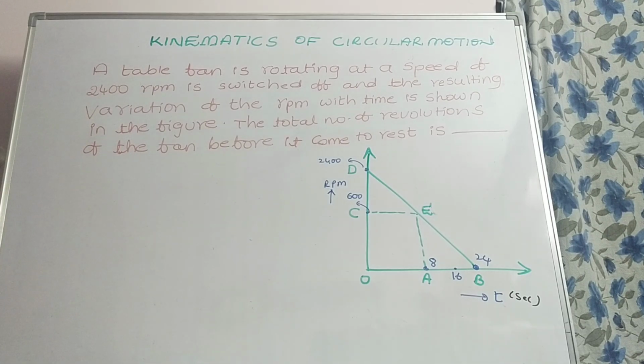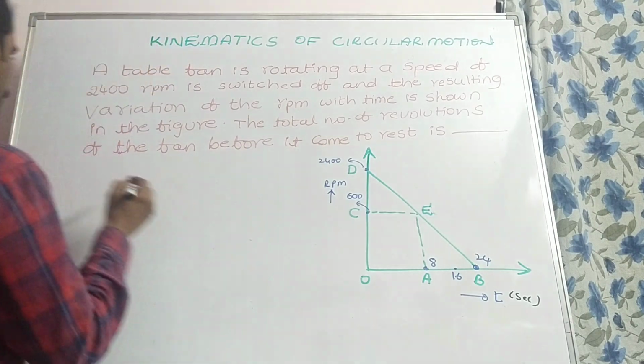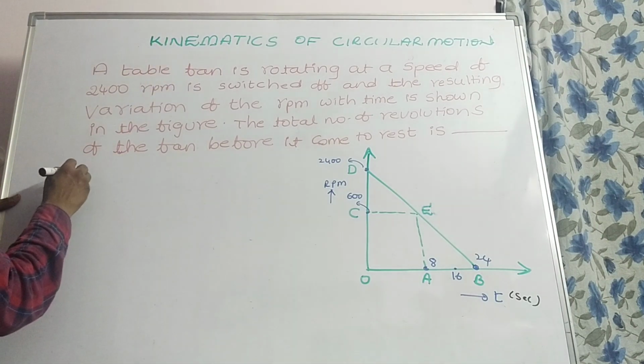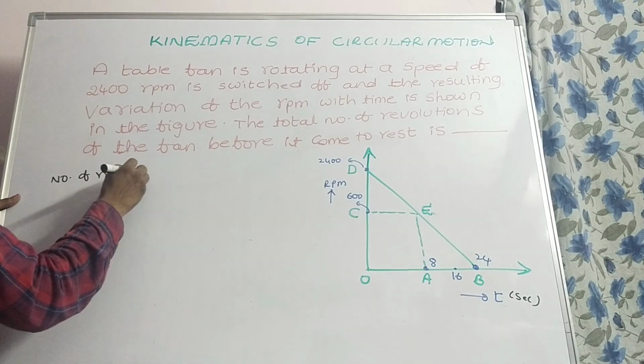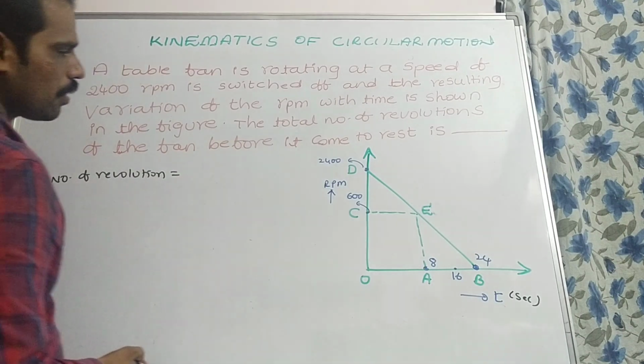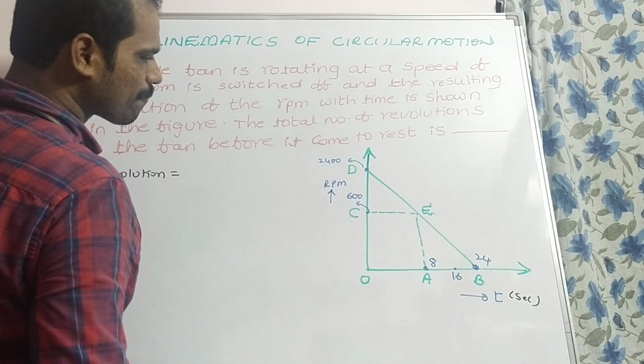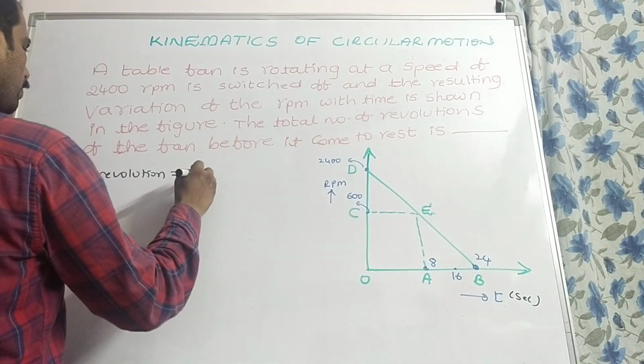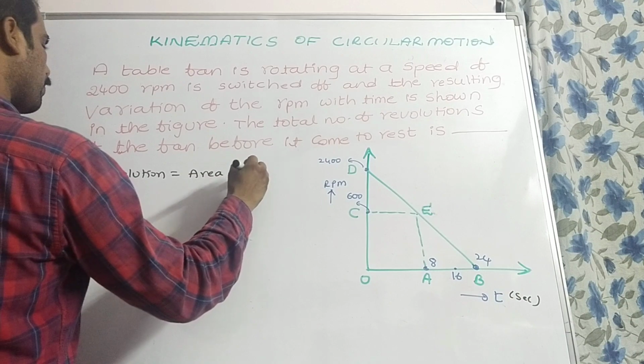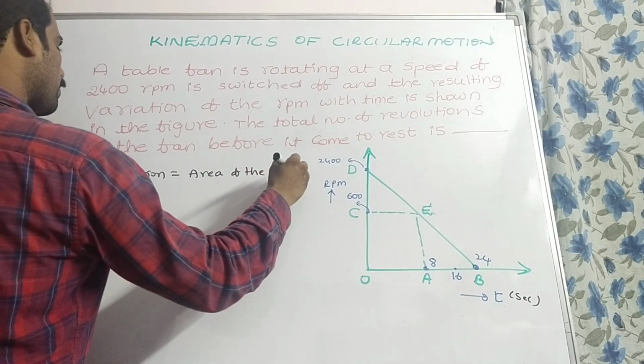Further, we have to find the number of revolutions, which is equal to the area under the graph. Why?